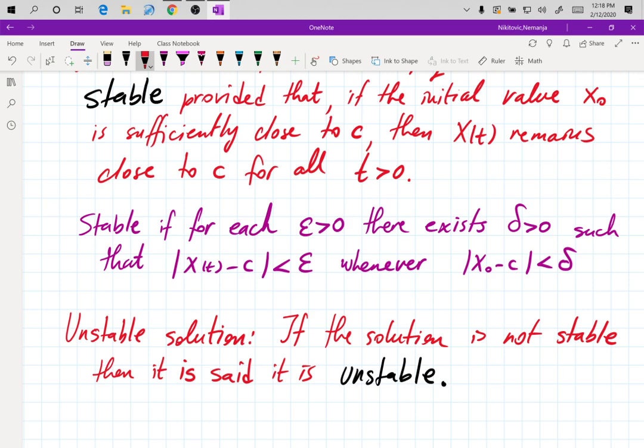It should represent the difference between the solution and the equilibrium solution. That's why it says it's sufficiently close, meaning that the distance between them is closing. That's what the squeeze means in the limit.